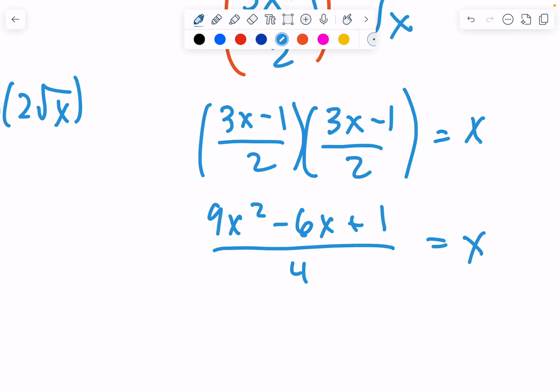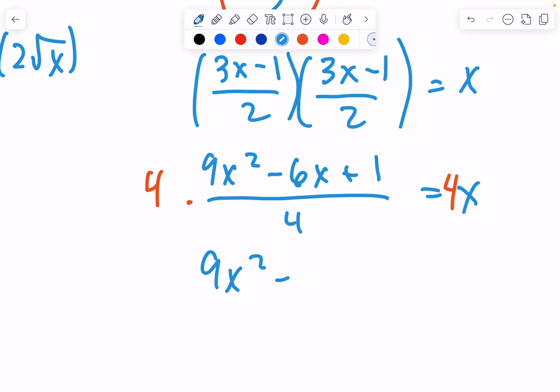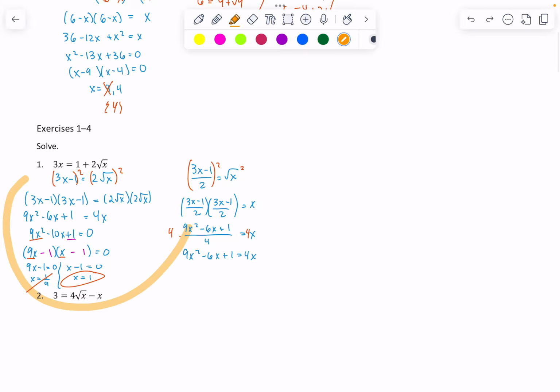To solve for x, I would multiply on both sides by 4. So notice I get the same thing that I did here with just less steps. So it still works, but it's just a longer way of doing the problem. I think this way is definitely easier and more efficient.